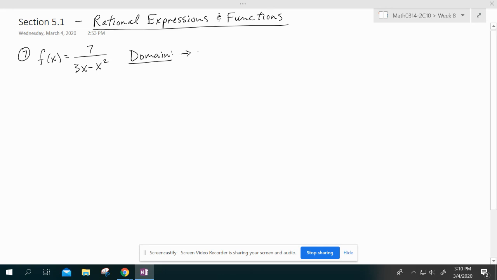So if we're going to find the domain, the first thing we need to find are the restrictions. And we know for a rational function, the denominator cannot be 0.